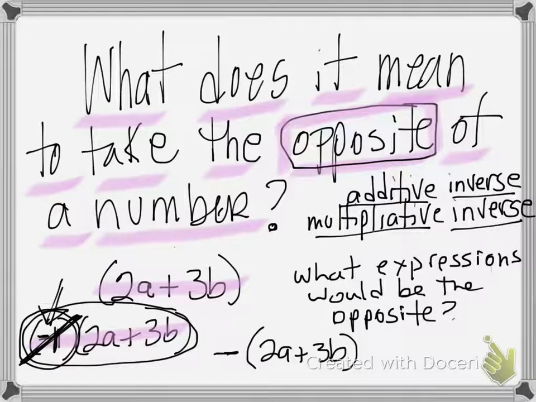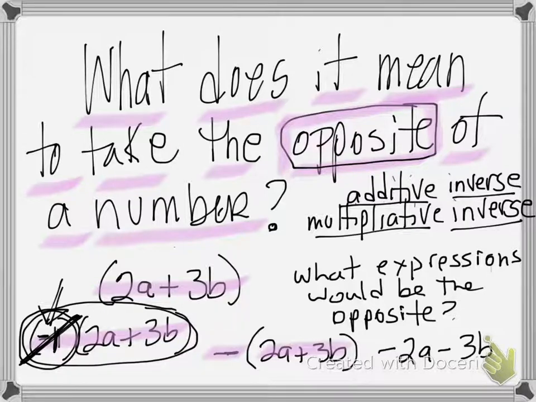This negative sign here in the front tells us that everything inside of these parentheses will be the opposite of what is in there right now. So if we were to continue this and expand it, this would look like negative 2a minus 3b.